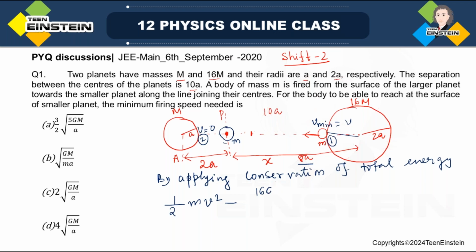So G 16M small m by 2a is the potential energy due to this bigger mass, but there will also be some potential energy at this position due to the smaller mass. So what is that potential energy?